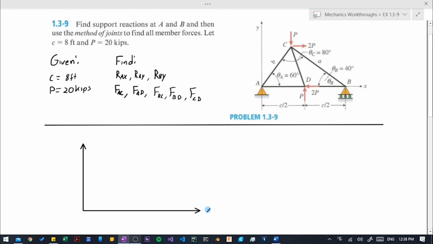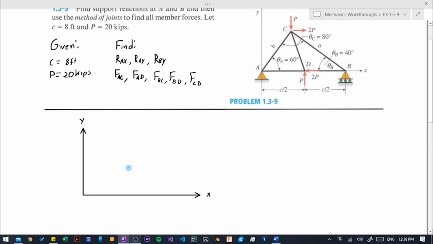Alright, so when we have our coordinate axes, we need to label them as X and Y, and then I'm going to go ahead and draw all the points as well as the forces acting on them.